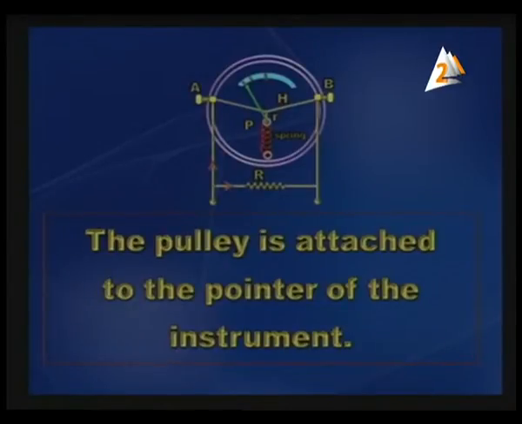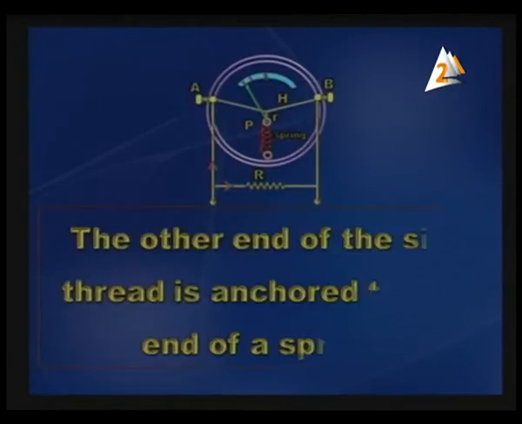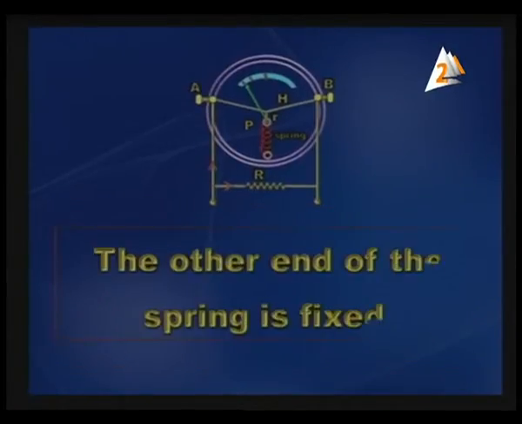The pulley is attached to the pointer of the instrument. The other end of the silk thread is anchored to one end of a spring. The other end of the spring is fixed.